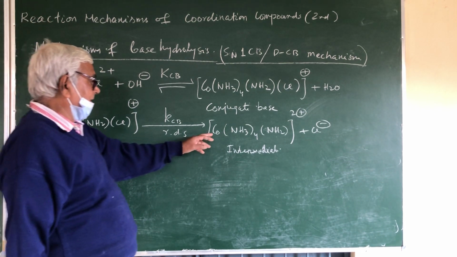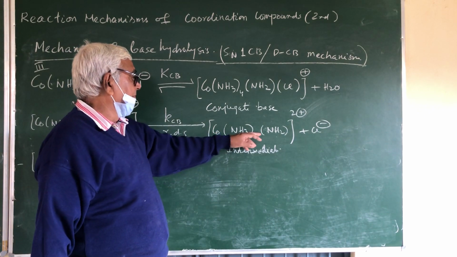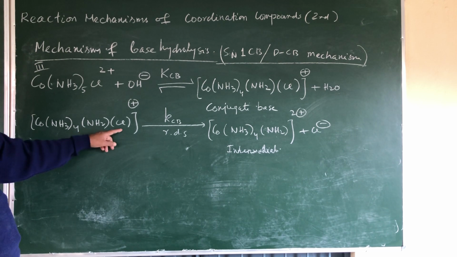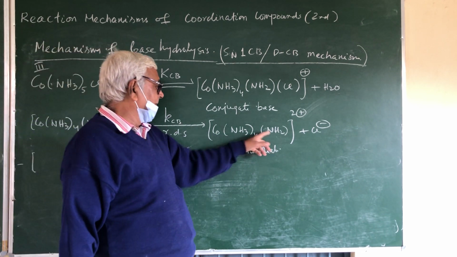Here the coordination number is changing from 6 to 5: the coordination number was 6, 4 plus 1, 5, plus 1, 6. Here the coordination number is 5, unstable.